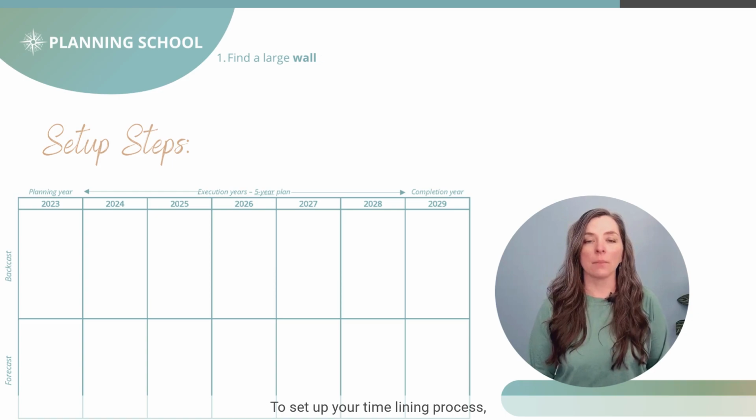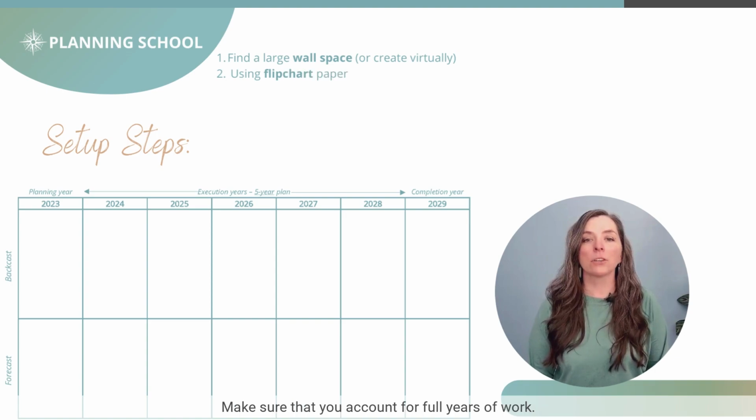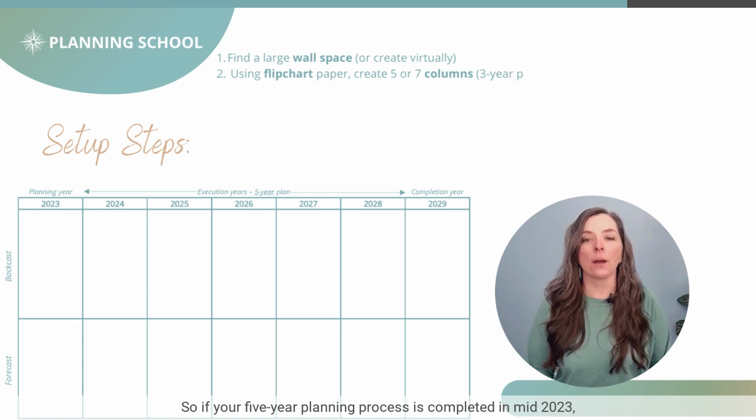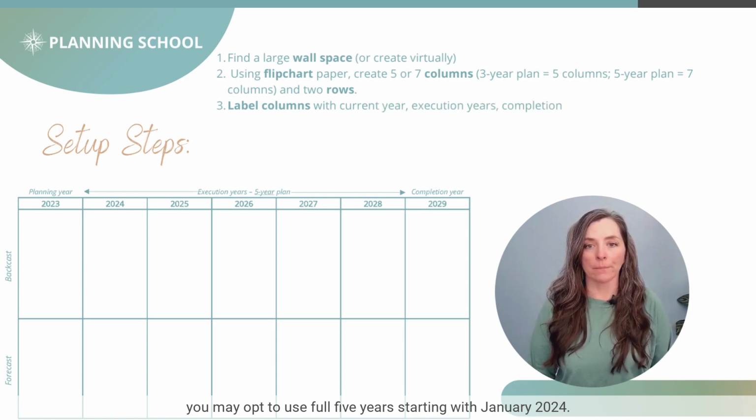To set up your timelining process, you need to start by putting your years at the top of columns. Make sure that you account for full years of work. So, if your 5-year planning process is completed in mid-2023, you may opt to use a full 5 years starting with January 2024.